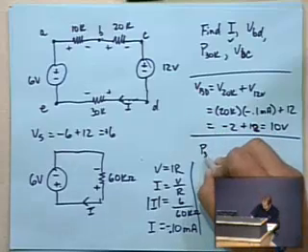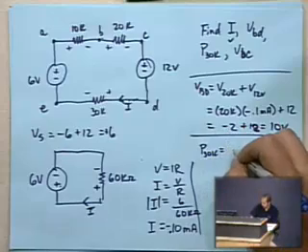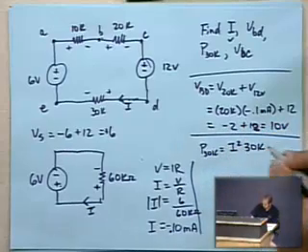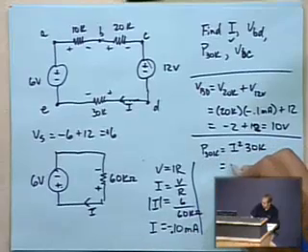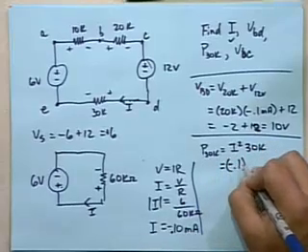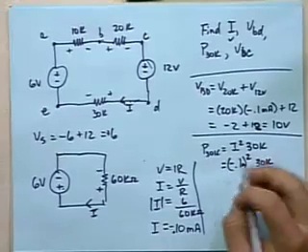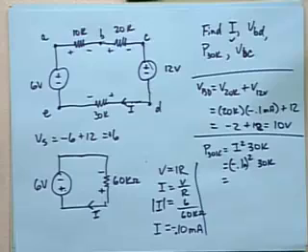The power in the 30K resistor equals the current running through it, I squared, times the resistance, 30K. That current is negative 0.1 milliamps, squared, times the 30 kiloohms. So negative 0.1 e negative 3 squared times 30 gives us a fairly small amount of power.